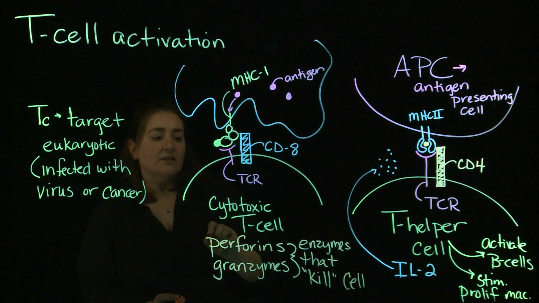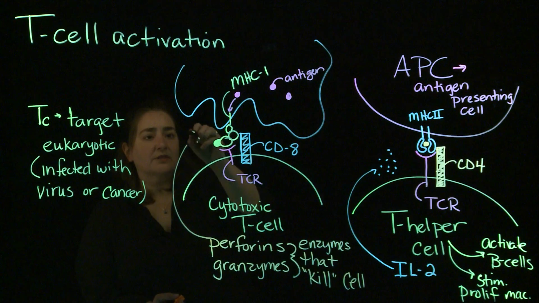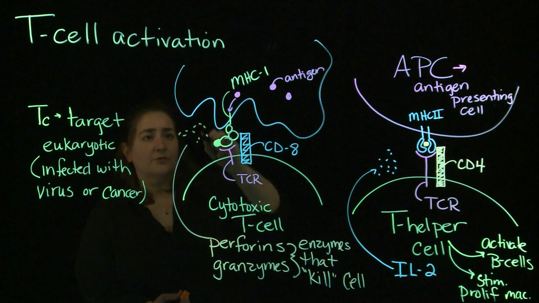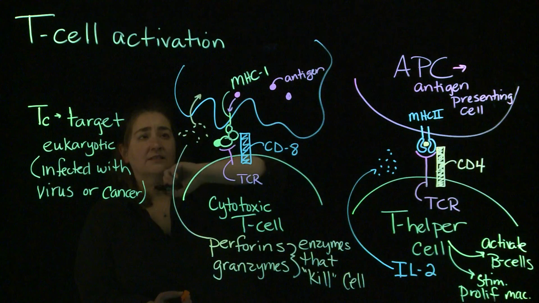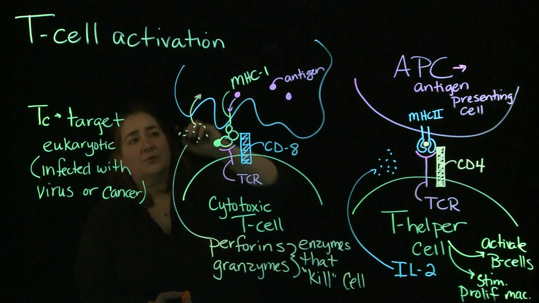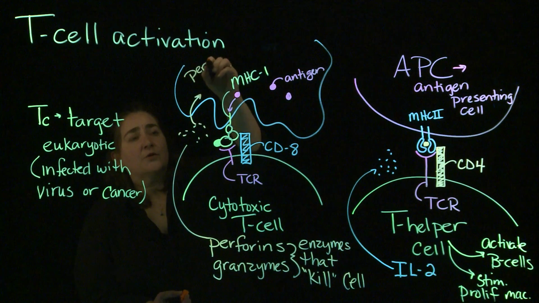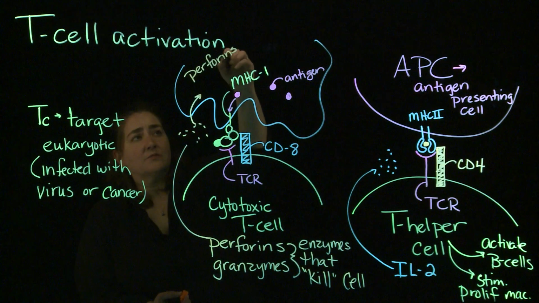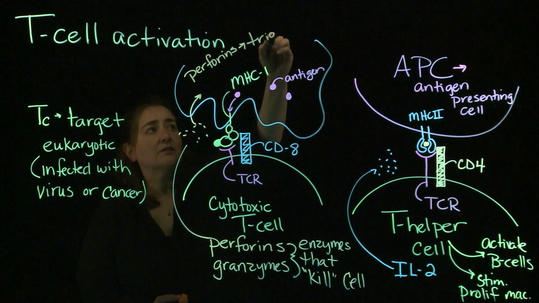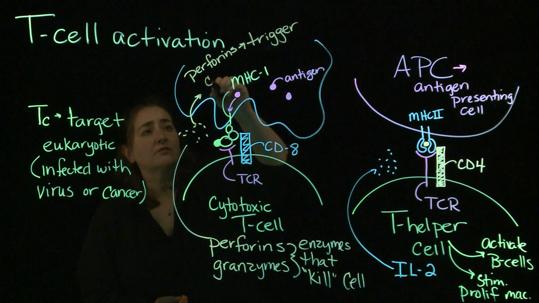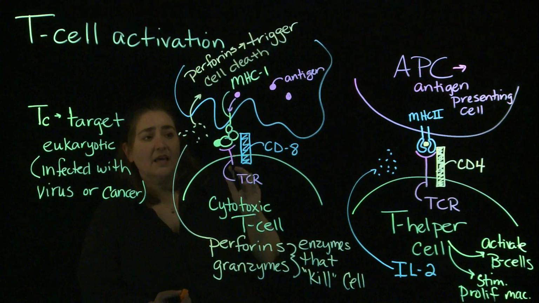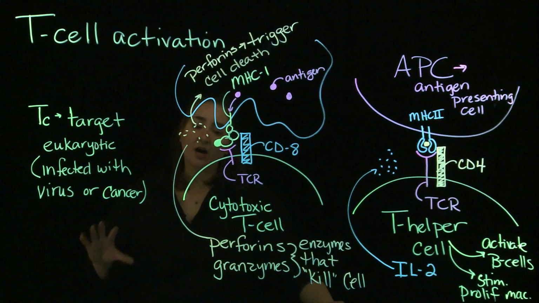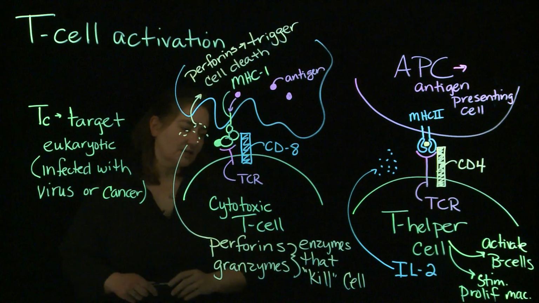That cytotoxic T cell is going to release those perforins and granzymes into our infected cell. And what's going to happen? Those perforins and those granzymes are going to trigger cell death.